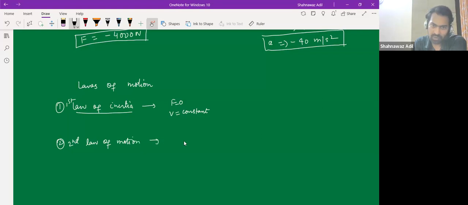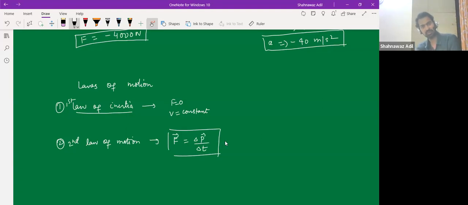the force is equal to rate of change of momentum. This force is in the direction of rate of change of momentum, because momentum is a vector quantity, right?